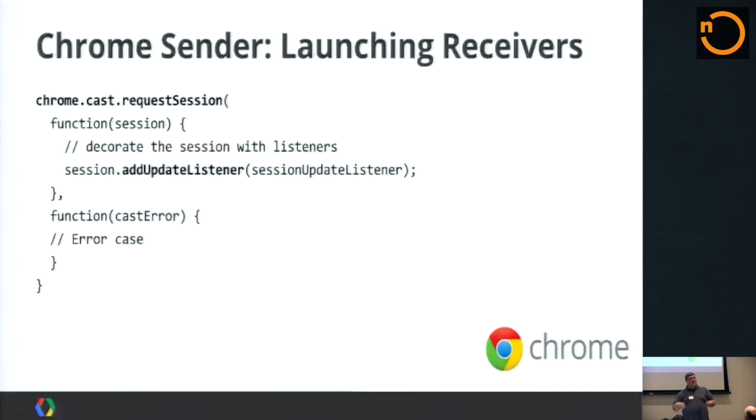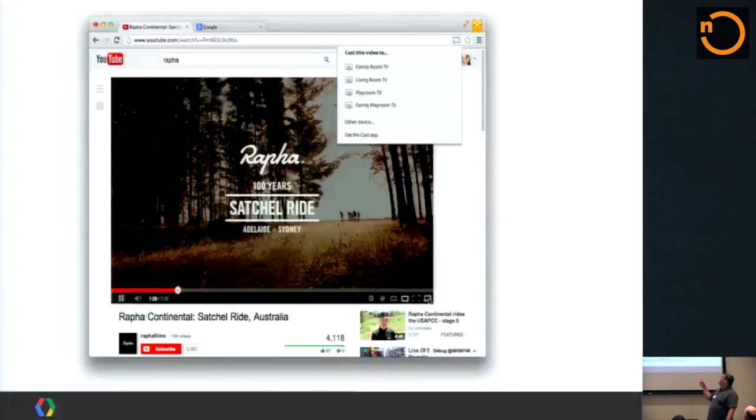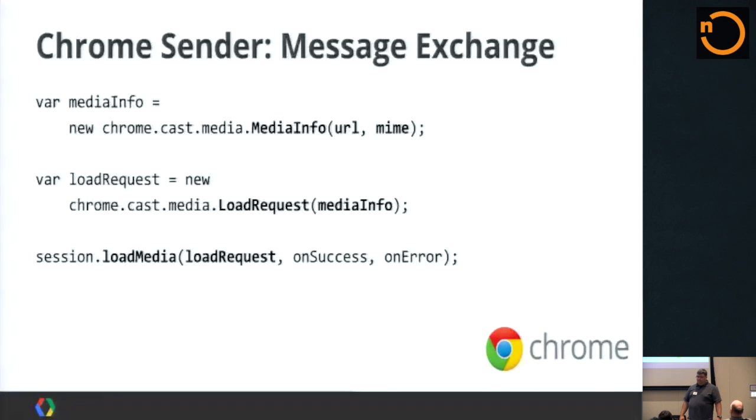So I've requested, hey, I'd like to start a session, and then this is my callback that I'd like you to call, this update listener, to let me know if that was successful. And what happens is, when I requested the session, it pops down from the Chrome extension up there, it pops down this list of devices that you have, your living room or whatever it is, all the devices on your network, and then you can select one of those. And once one of those is selected, then you're at the point where you're able to start playing movies and things like that.